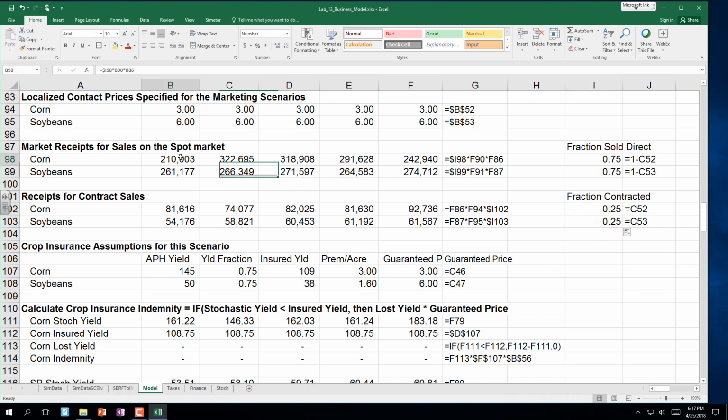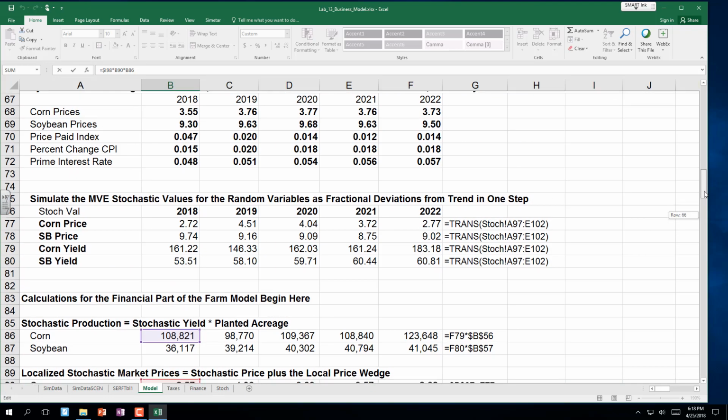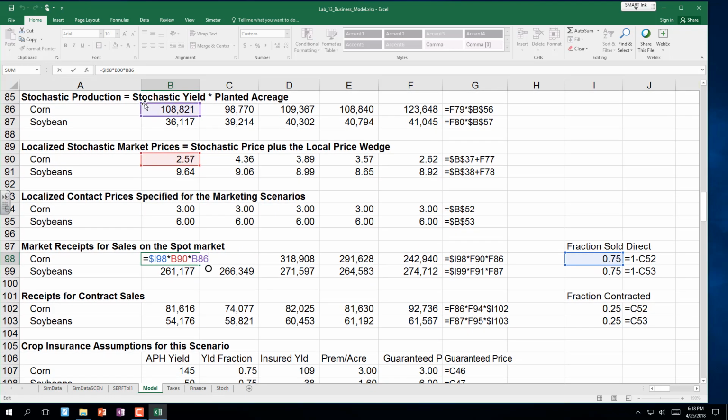Okay, so the cash receipts from the market, which we actually can call market receipts, okay, it's going to be production times a fraction times that price, okay. The idea is we can't sell more than we produced, so you can't sell it twice.